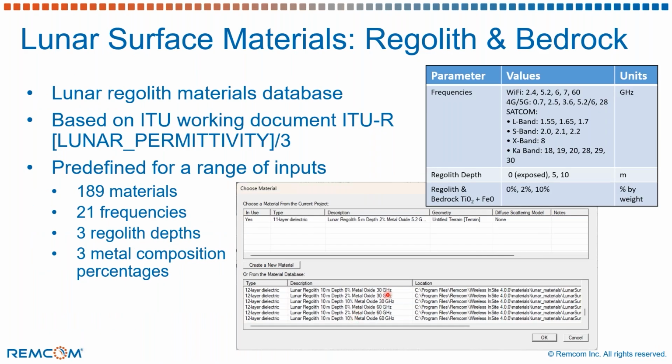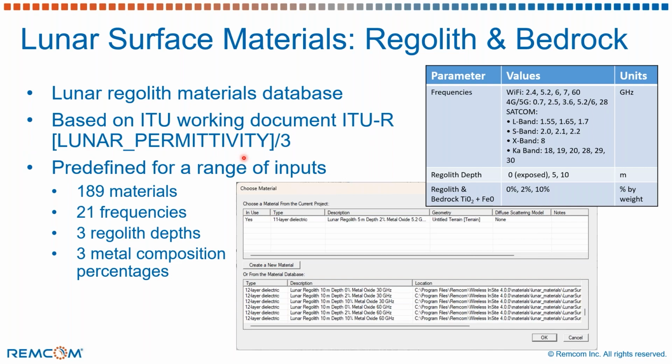The lunar surface materials model the regolith and bedrock for a range of inputs to the models that are defined in the ITU working document, the lunar permittivity document here.